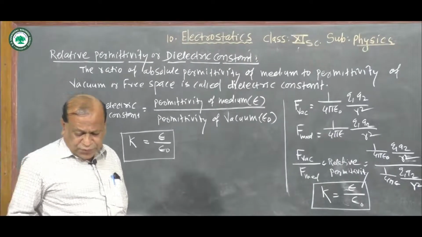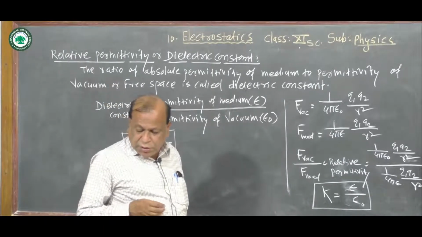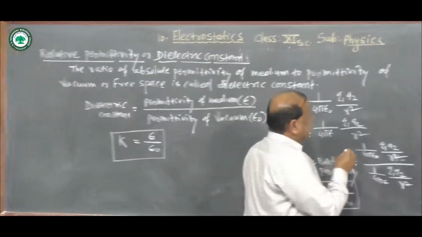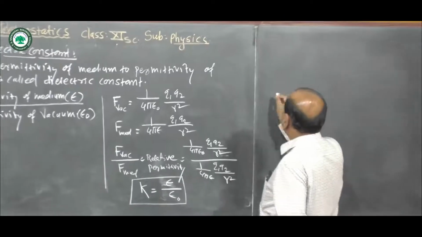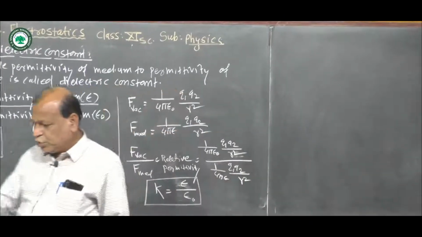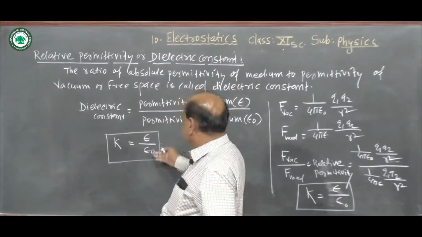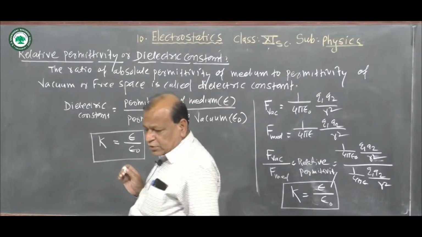Now here, the relative permittivity for water is 80. It is a ratio of the same quantity, so there is no unit for this term.